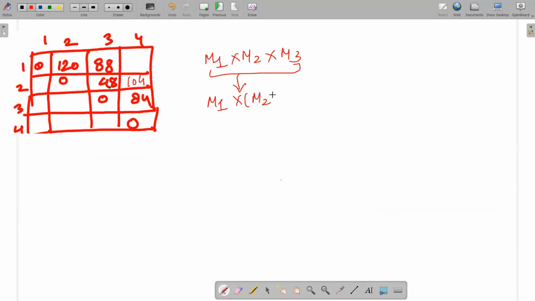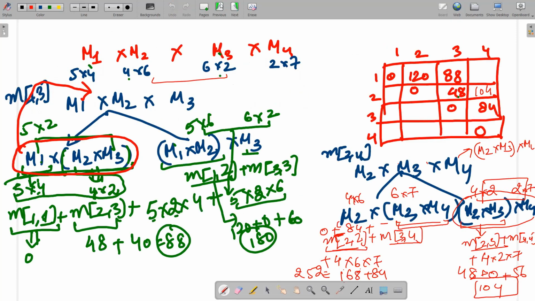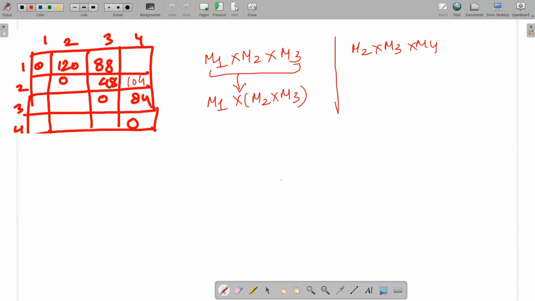That answer is multiplied with M2 and M3. Similarly, M2 multiplied by M3 multiplied by M4 over here will be M2 multiplied by M3. The answer is multiplied with M4, right?